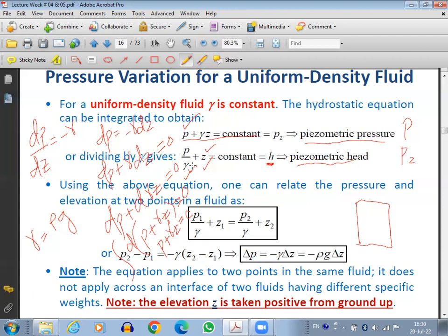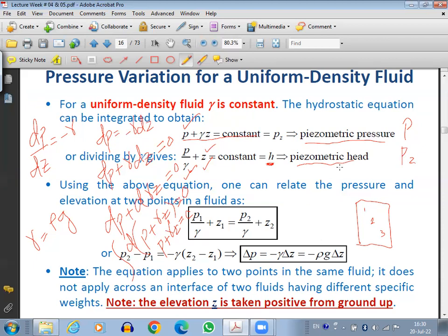Here we are saying in the same way, the total head is the same in the fluid. Let's say this is point 1 in the fluid, this is point 2, this is point 3. At any of points 1, 2, or 3, the piezometric head would be the same. So H1 equals H2 equals H3. That means P1 upon gamma plus Z1 equals P2 upon gamma plus Z2 equals P3 upon gamma plus Z3.